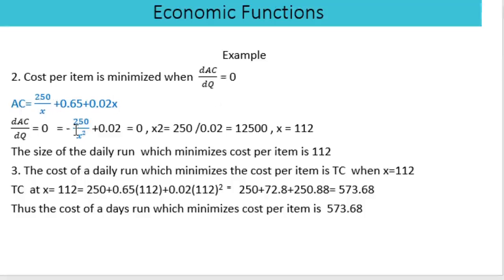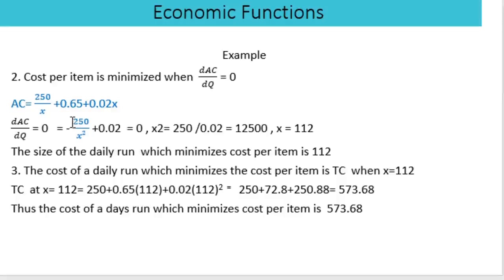d by dx of AC equal to 0 implies that the differential of 250 by x, which is 250 x raised to minus 1, is minus 1 times 250 x raised to minus 2. Then we can write minus 250 by x square. Differential of this is 0, differential of 0.02x is 0.02. That is, minus 250 by x square plus 0.02 equal to 0.